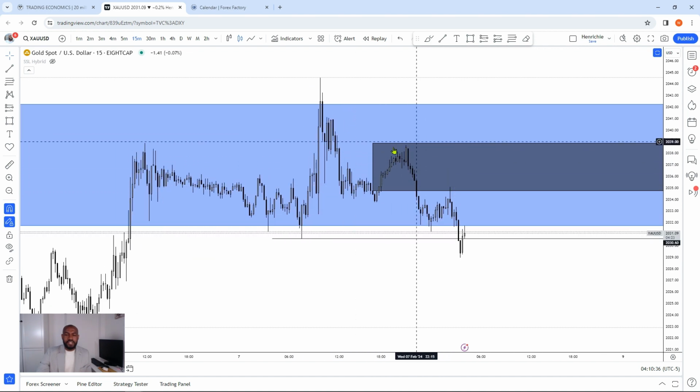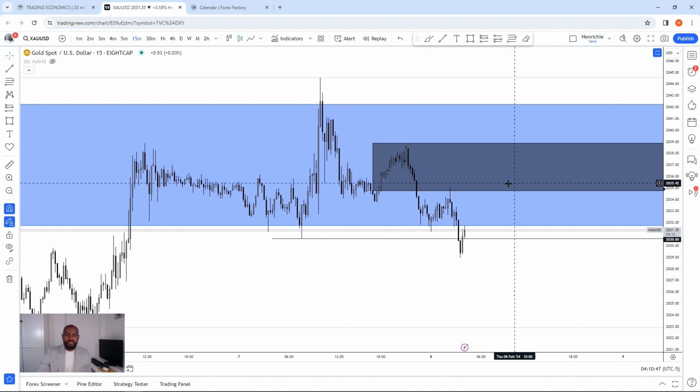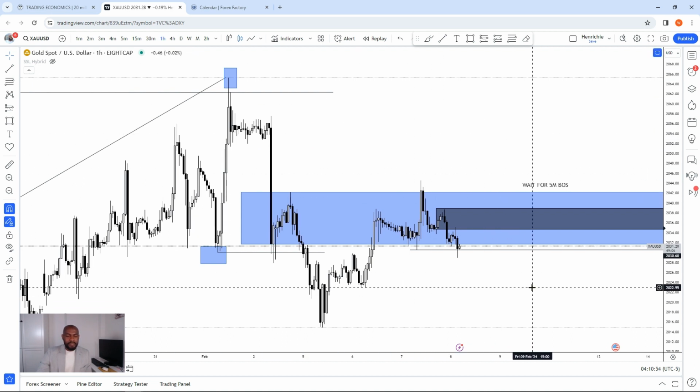So I'm going to be watching this key level very closely. And if price comes into this key level and I see any sort of 3 minutes, 5 minutes shift in market structure, I'm going to look for sells, and I'll target the low hanging fruits right here.